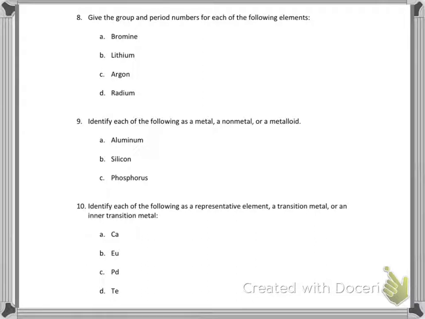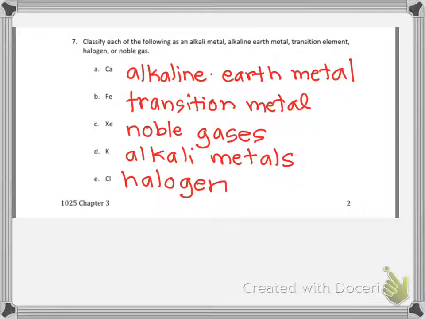So, question 8. Give the group and period numbers for each of the following elements. Okay, group, this is going to be a column. And period, this is going to be the row.